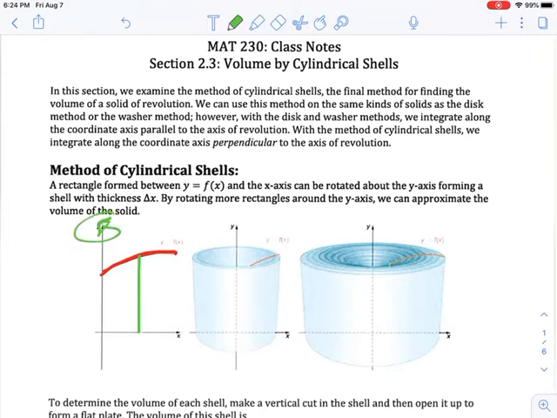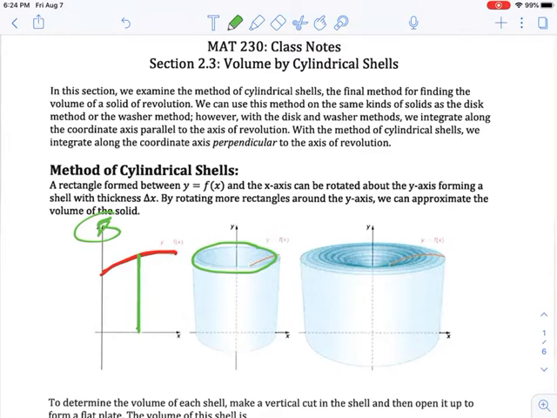So when we take this little rectangle here and rotate it around the y-axis, we end up with what is called a cylindrical shell. So you should be able to visualize that. The thickness of the rectangle would be the thickness of the cylindrical shell.